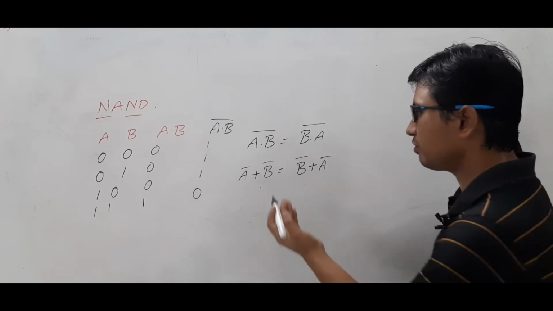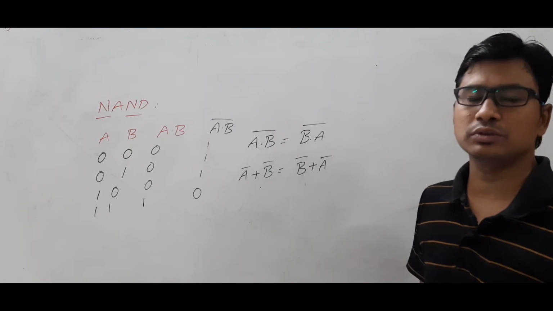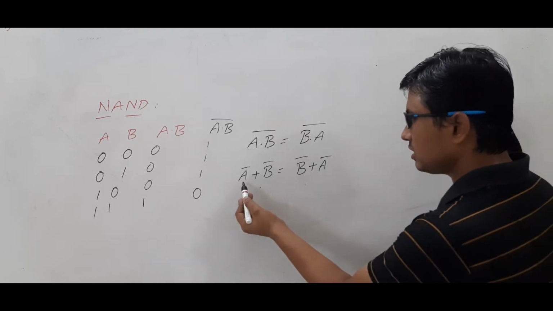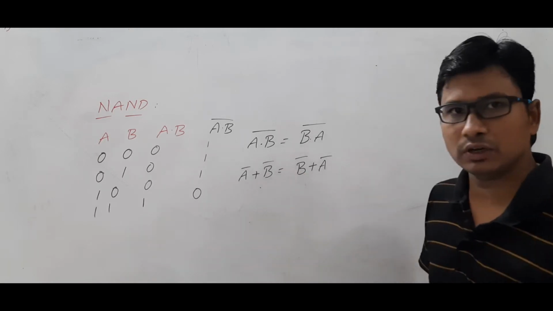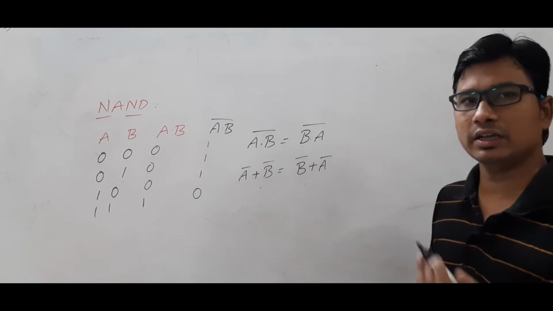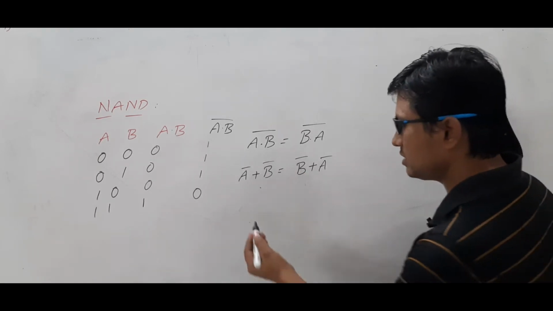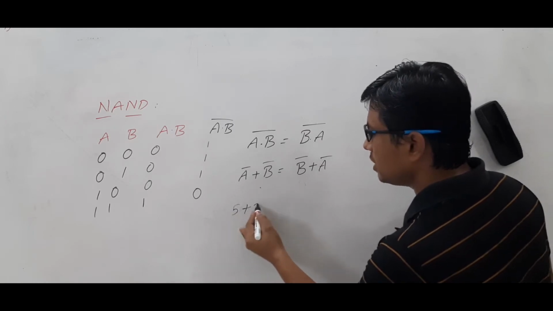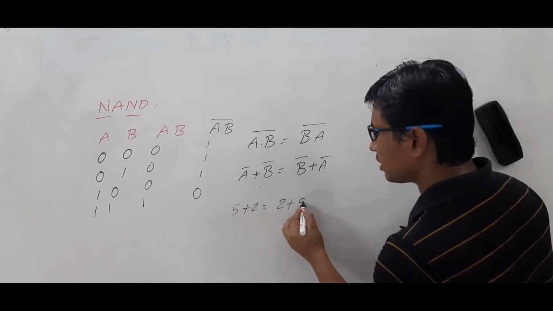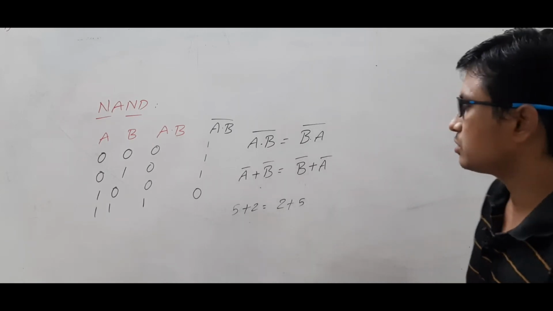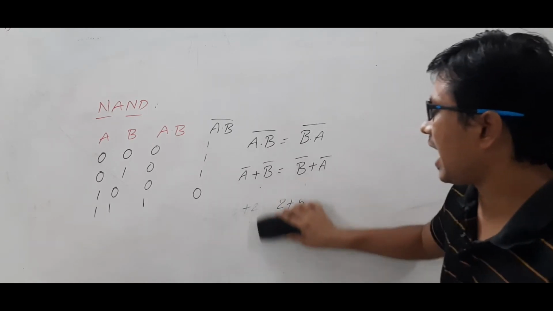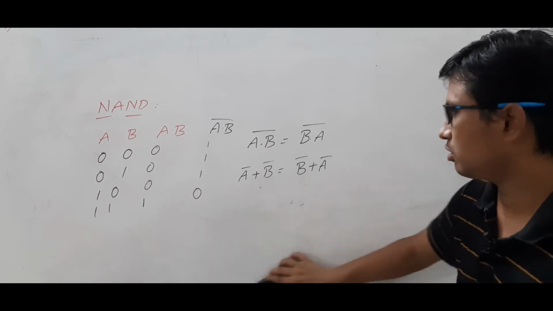If you want to verify, you can verify using the truth table also. A complement or B complement is equal to B complement or A complement. Simply, 5 plus 2 is equal to 2 plus 5 or not. Whatever you do, you will get the same thing only. So I can say that NAND is satisfying the property called commutative.